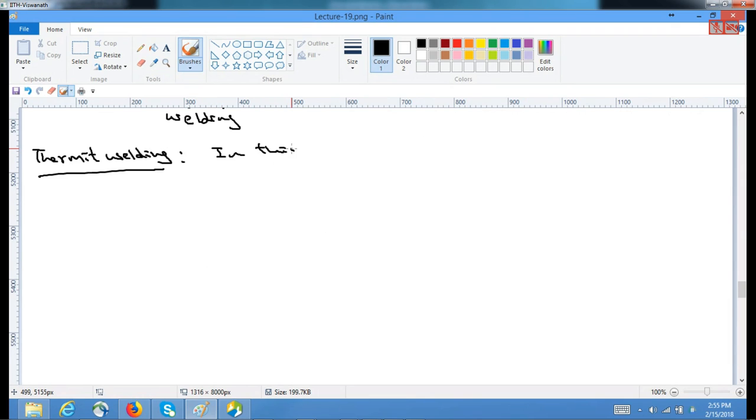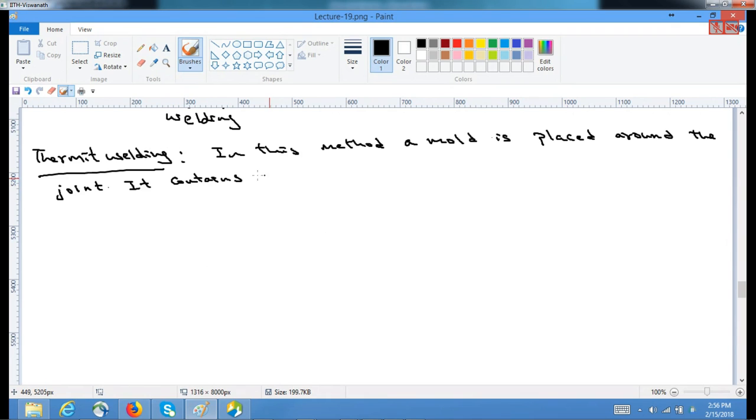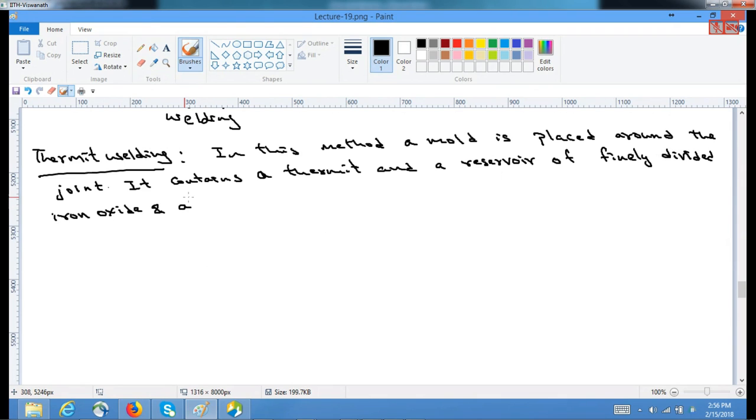in this method of welding, a mold is placed around the joint, which contains a thermit and a reservoir of finely divided iron oxide and aluminum.